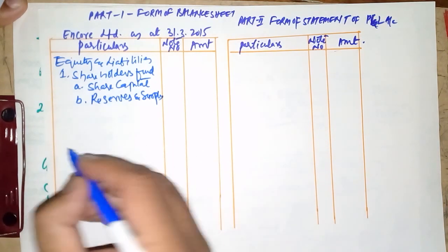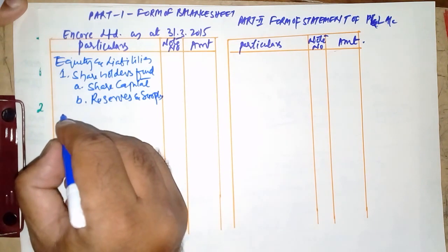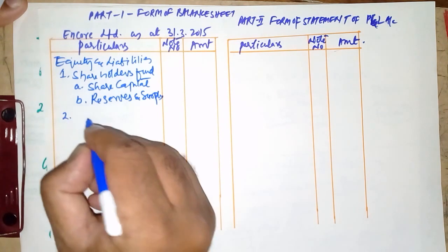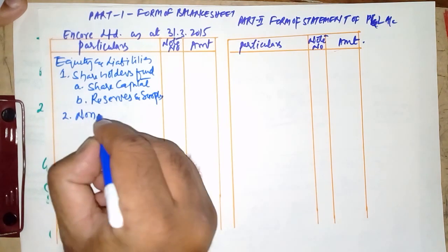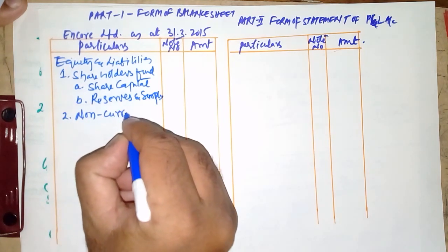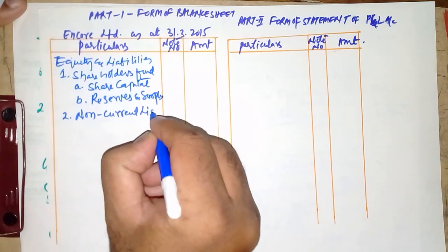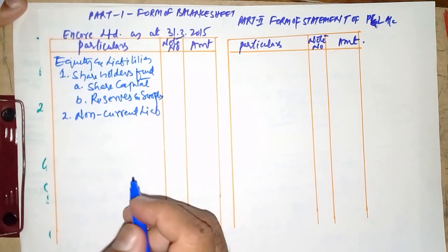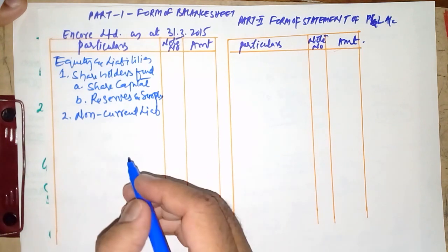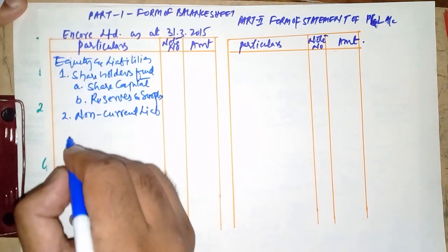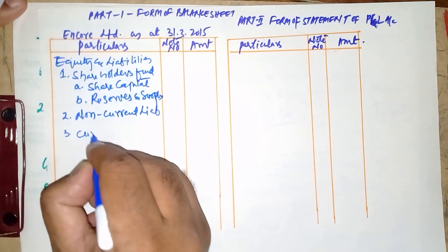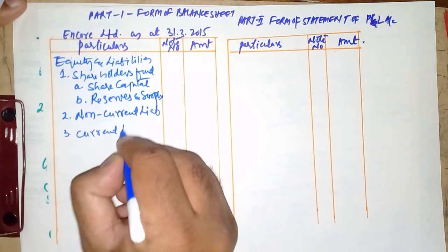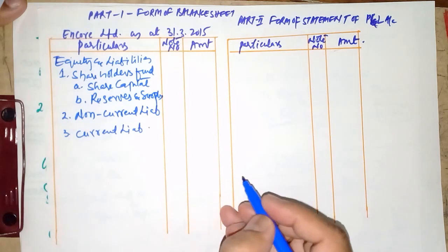Then directly I'll proceed to the next one, that is non-current liabilities. Under that, if any items come, we will write. Then third one is current liabilities, right?